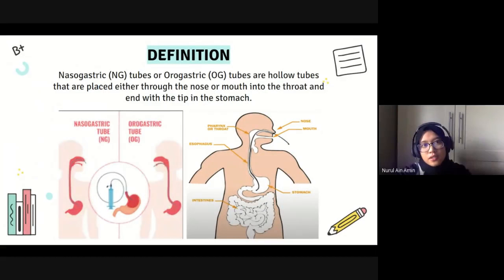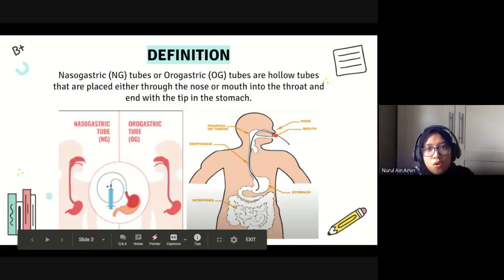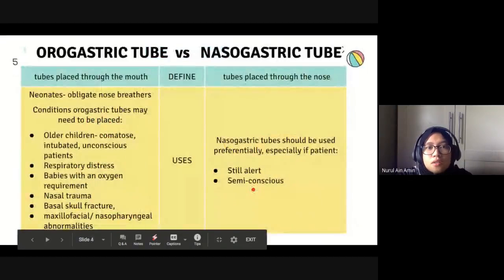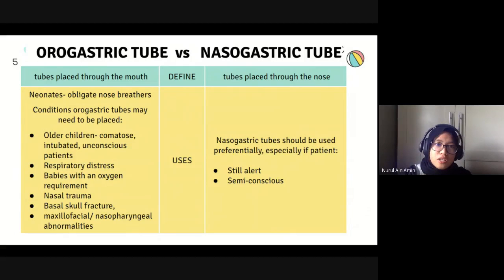Okay, so what is the orogastric tube or nasogastric tube? They are basically hollow tubes that are placed either through the nose or the mouth into the throat and end at the tip of the stomach. The difference between the tubes is, orogastric is put through your mouth, and nasogastric is placed through the nose.